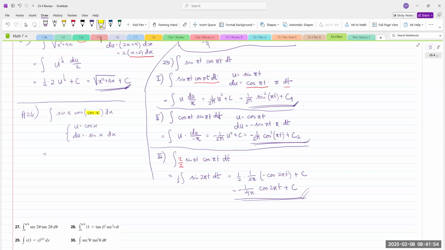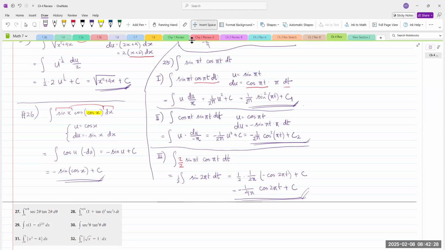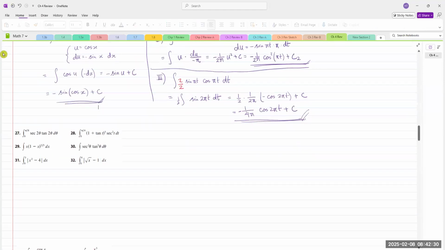So this is my u, and this will be my negative du. Okay, so integral of cosine u negative du is equal to negative sine u plus constant, which is equal to negative sine of cosine x, I mean, plus constant. That's for number 26.